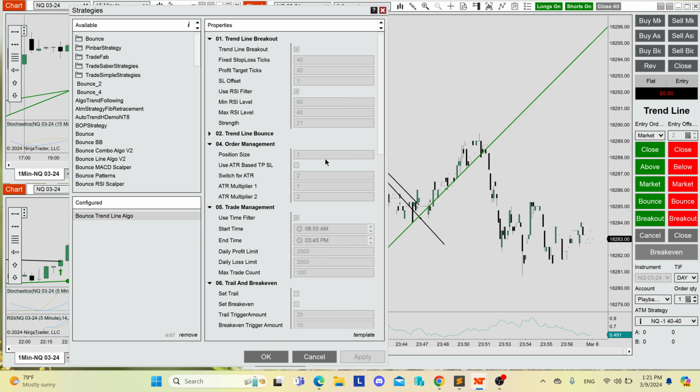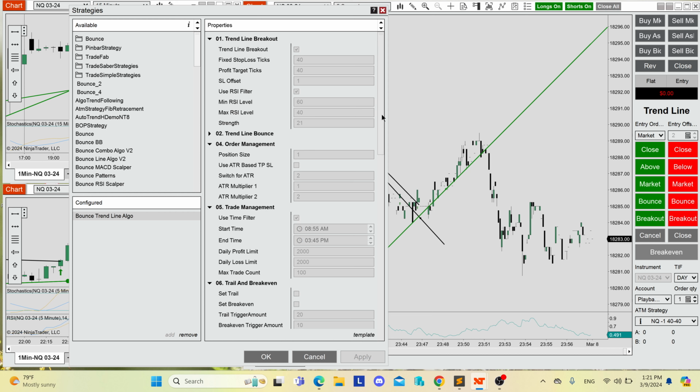So we have order management, and these four fields are experimental at this point. Basically, it's ATR-based stop loss and take profit.